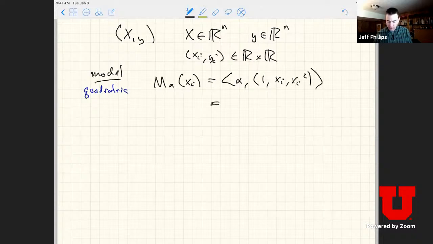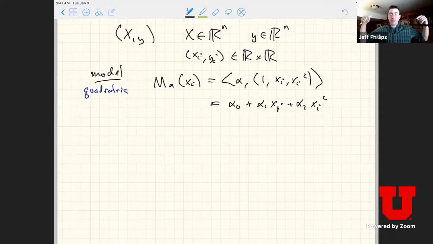If you remember, this corresponds with the model alpha_0 plus alpha_1 x_i plus alpha_2 x_i squared. This allows us to fit a quadratic function, a quadratic regression model, through a set of points. If we plug this into the sum of squared errors, this is exactly the one-dimensional quadratic regression problem. I'm going to use this as the main running example.